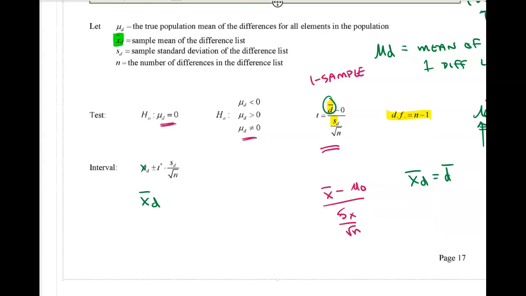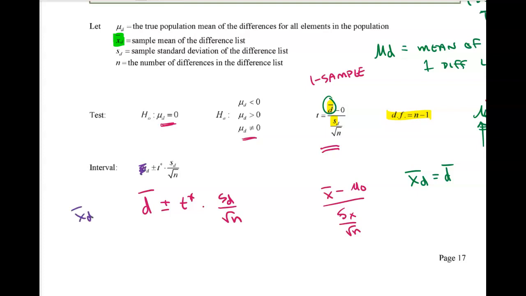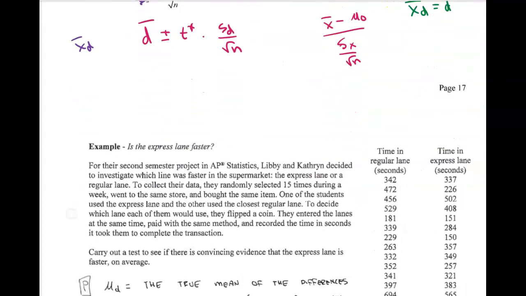Here I called it x bar d. I'm sorry, I like d bar. D bar plus or minus t star times s sub d over square root of n. But definitely don't use this mu here. That is not right. So either this, or you could put in x bar d. I think I'll just change this to d bar when I edit my notes sometime in the next 20 years.